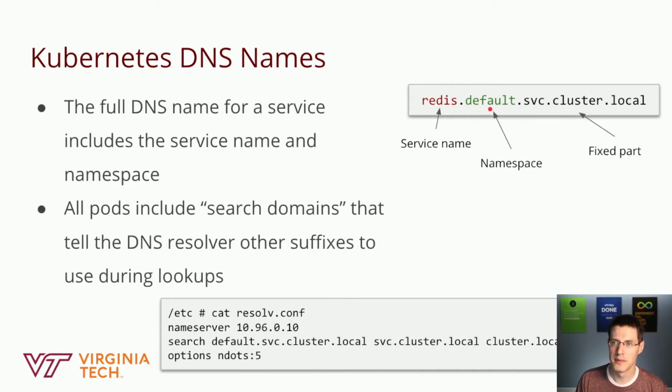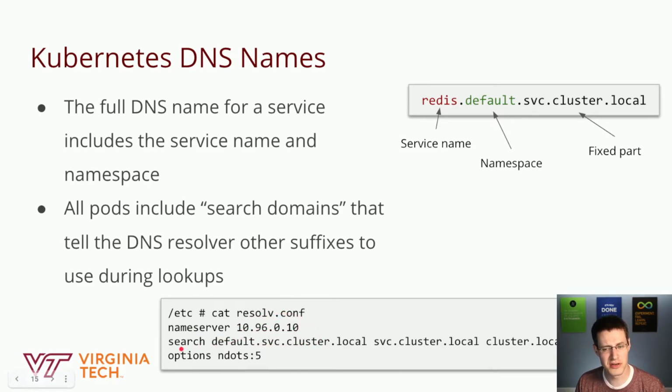Okay, but one of the nice things about DNS is the DNS resolver that's built into all of the tooling uses what's called a resolv.conf file, and this configuration file configures DNS, and it tells us what name server we are using. So in this case, it's the CoreDNS service.